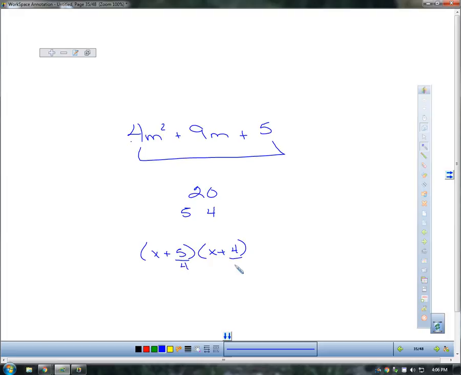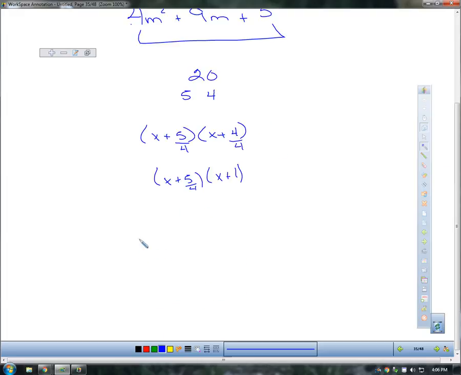So divide by 4. So I get x plus 5/4 and x plus 1. This one has a denominator of 4, so multiply everything in there by 4, so 4x plus 5. This one does not have a denominator, so it comes straight to my answer, x plus 1.